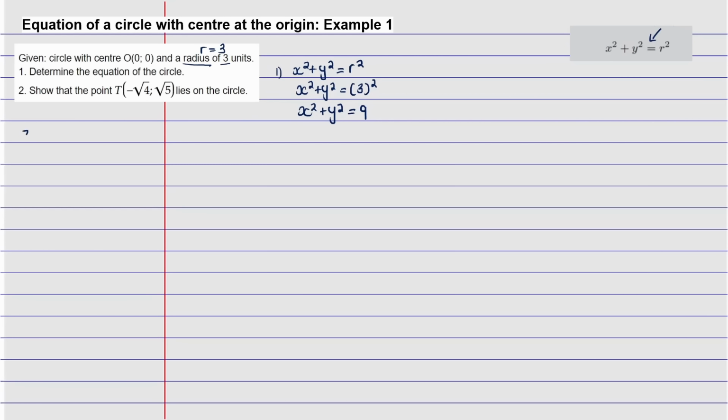So number 2 says, show that the point T, which is (negative root 5, root 5), lies on the circle. So what does that mean, right?